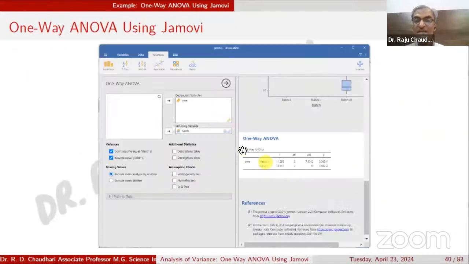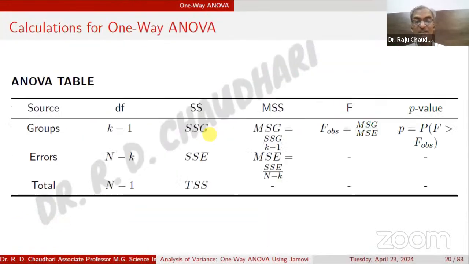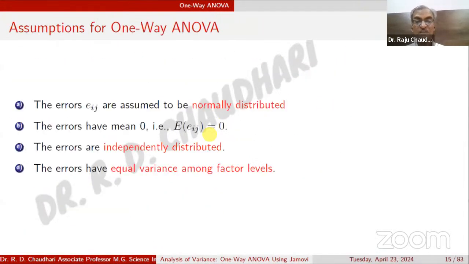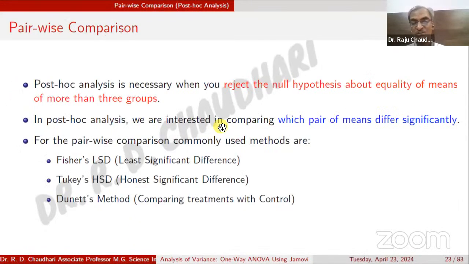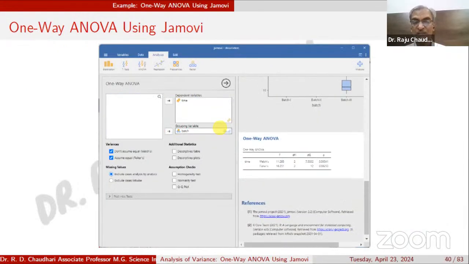Already we have discussed the assumptions: observations and errors are independently distributed, errors are normally distributed. So we have to check the normality, and the equality of variances, that means homogeneity of the variances. So these assumptions we have to check. It is already there in the menu, right?